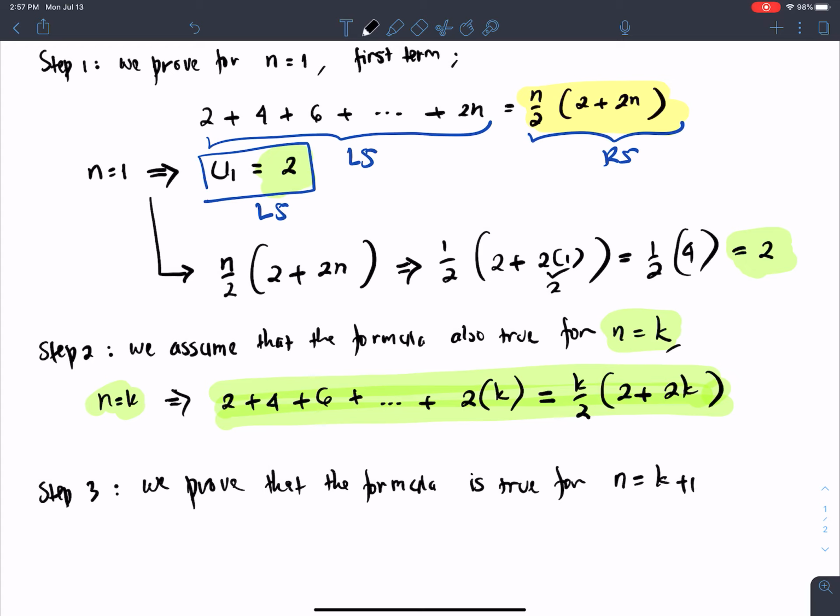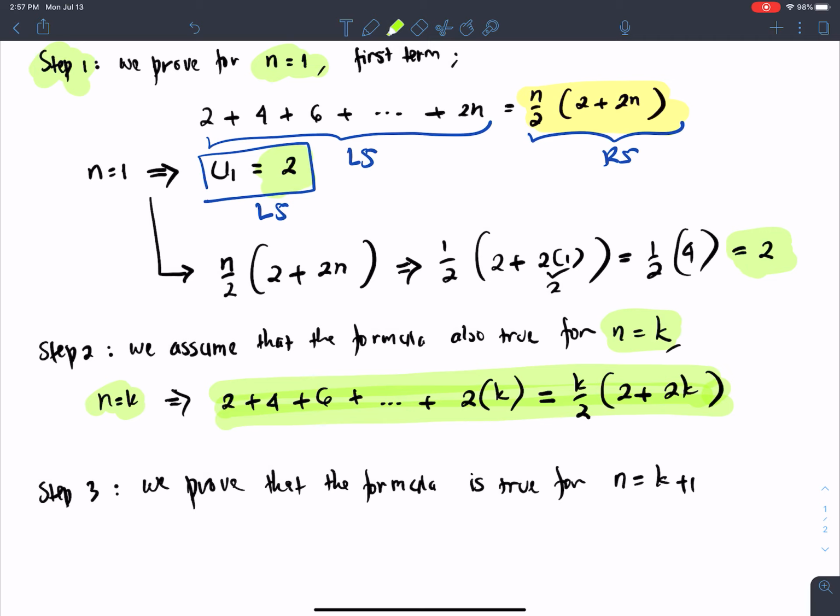Alright, so the idea here is we start with step 1. Okay, one more time. First we prove that it is true for n equal to 1. So when n equal to 1, we already put it in here. It is true that the left side and the right side are the same value, 2.